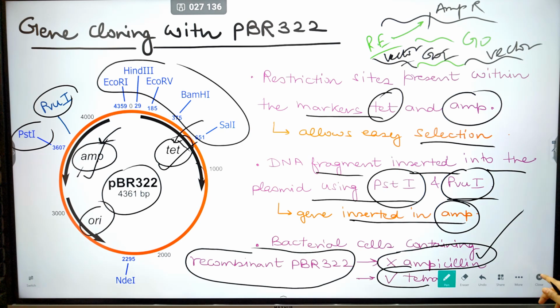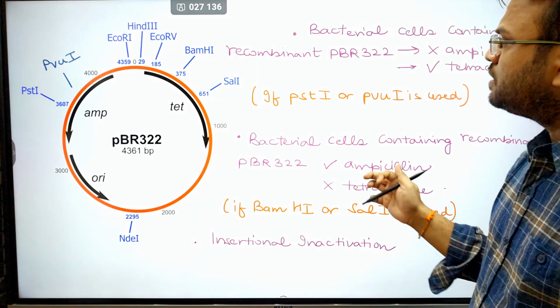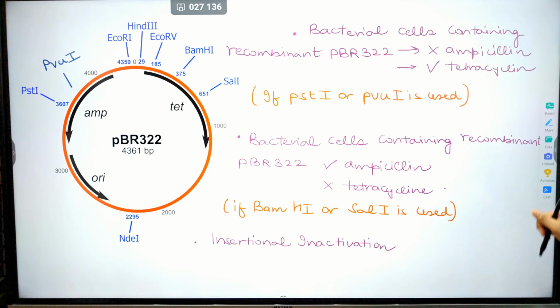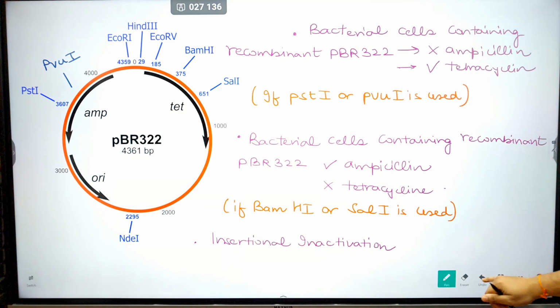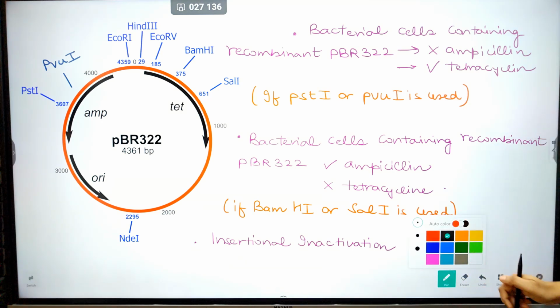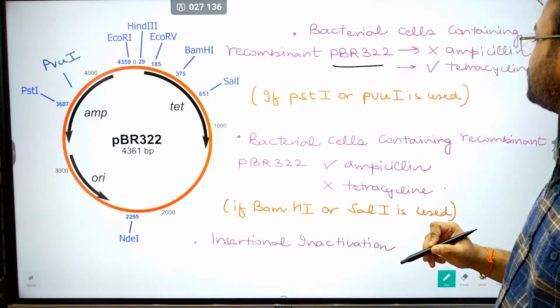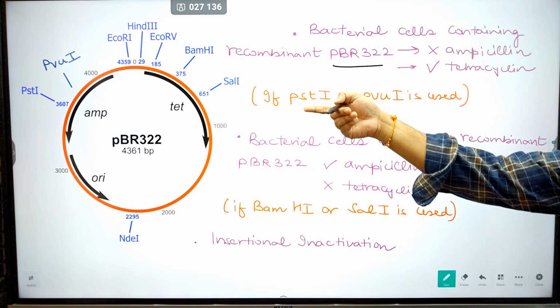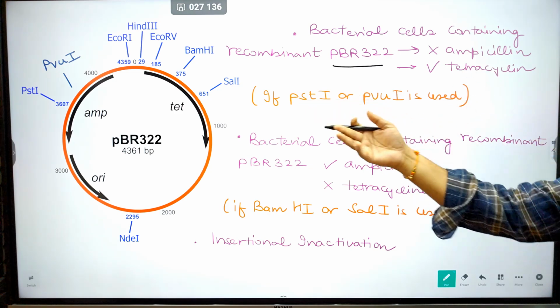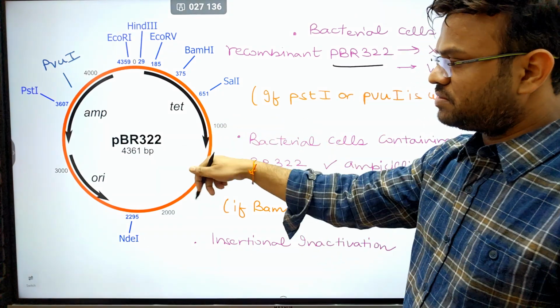Okay, now let us move forward. Now, if I want to create a recombinant pBR322, the previous one, I'm just discussing the previous thing only.